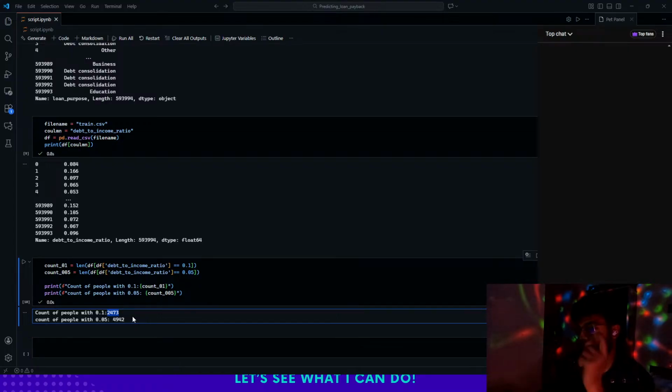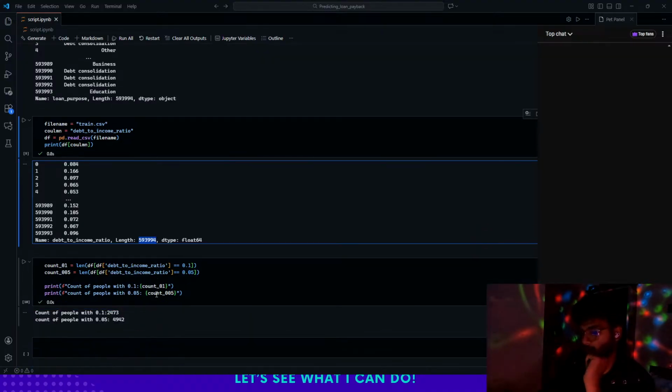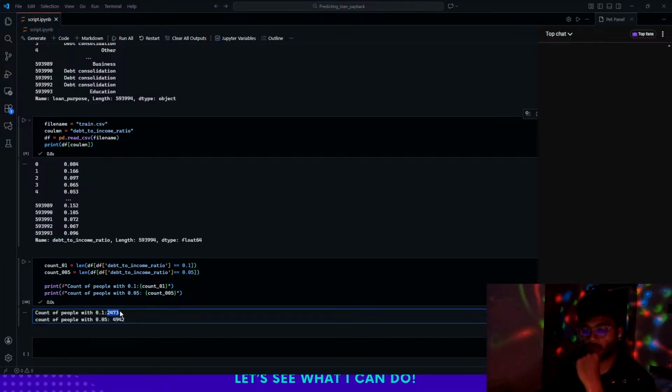That means there are some people that lie between those two groups, because if I can see over here, I have around 2000 and 5000, around 7.5 thousand, but over here I have 500,000.